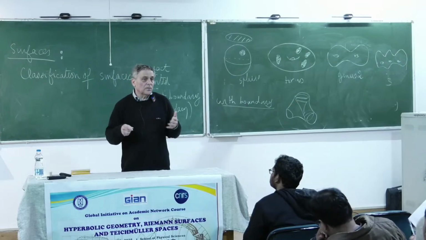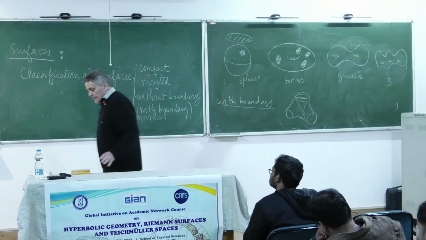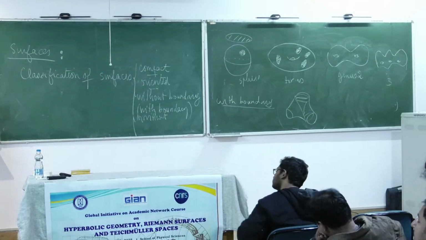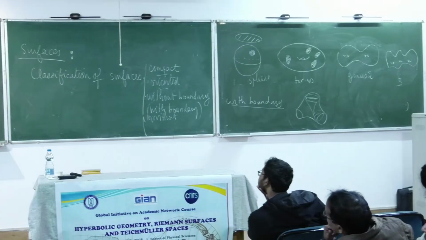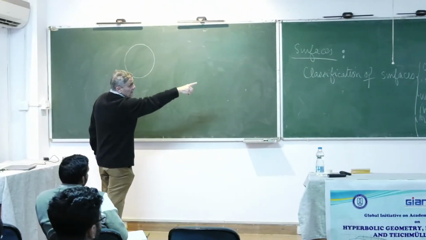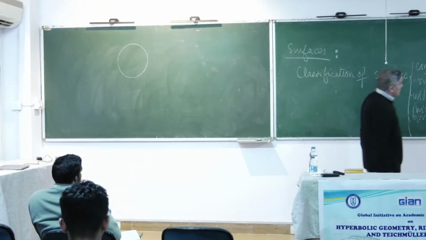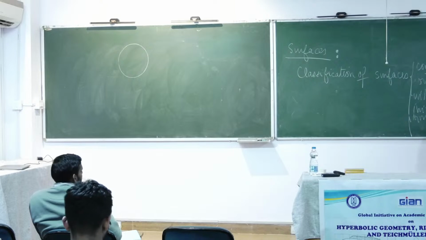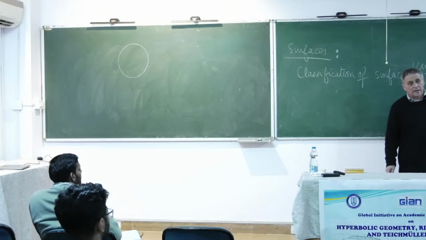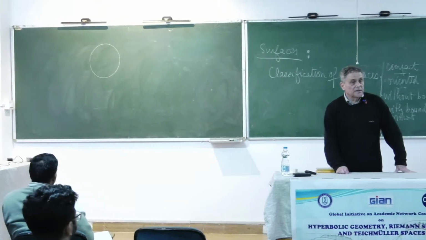So I want to put a metric on my surfaces so that it looks locally like one of the metric spaces we talked about. If my topological surface is of genus 0, then I know I have the spherical metric on this surface.